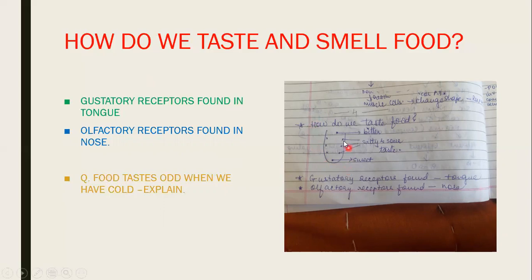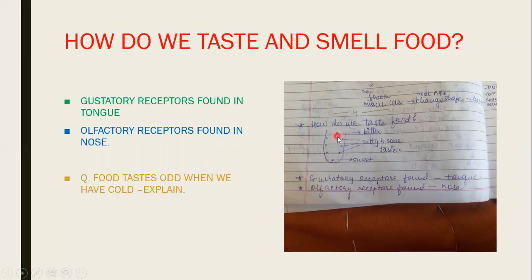As you see, I've drawn a rough diagram of a tongue. The tip of the tongue detects the sweet taste, the sides of the tongue detect the salt and the sour taste, and the back of the tongue detects the bitter taste.